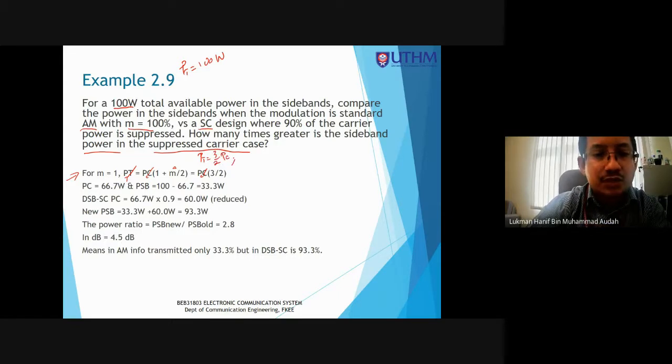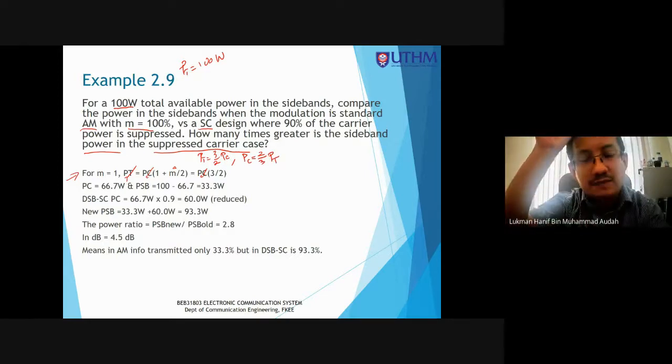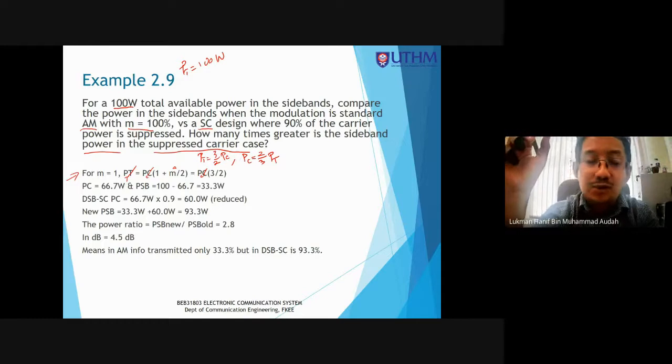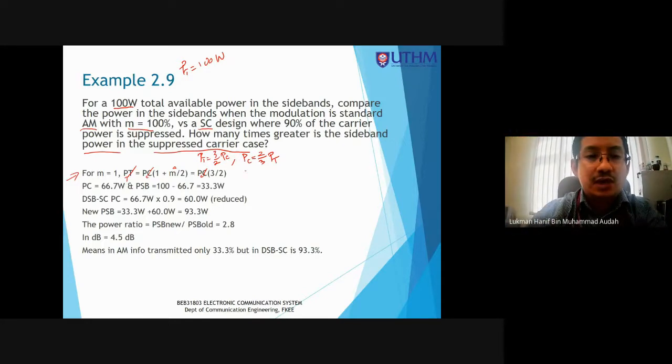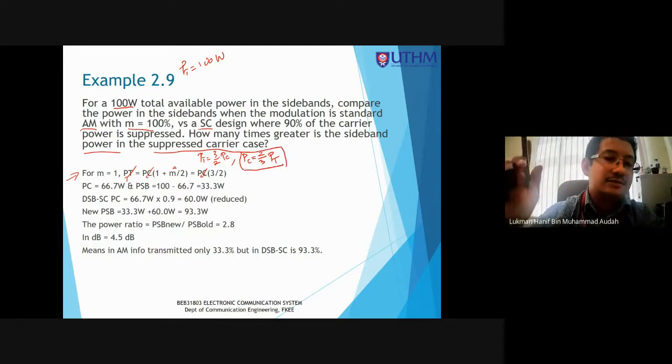Ataupun you boleh tukar PC bersamaan dengan 2/3 daripada total power. Ini ada diterangkan dalam bahagian power calculation dalam slide sebelumnya. Okay. So ini adalah untuk double sideband full carrier during the ideal case. Pada ketika M sama dengan 1.